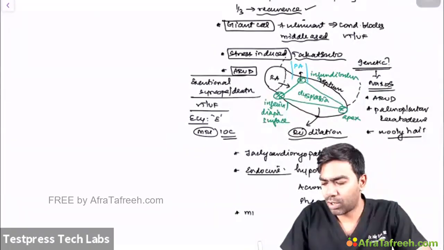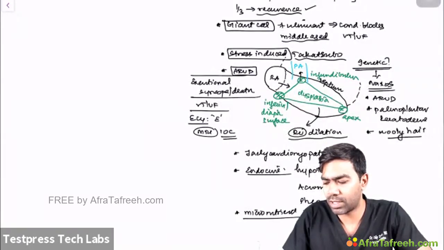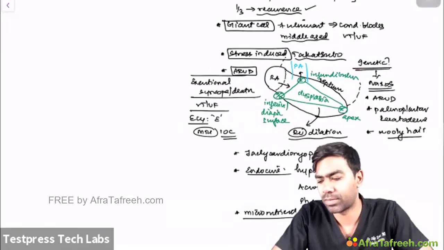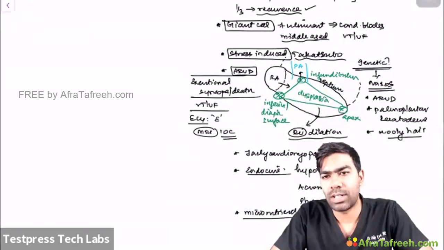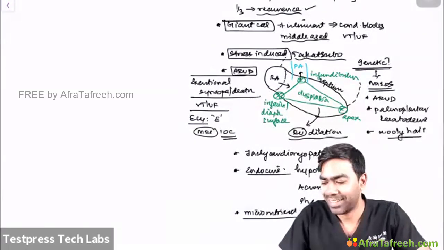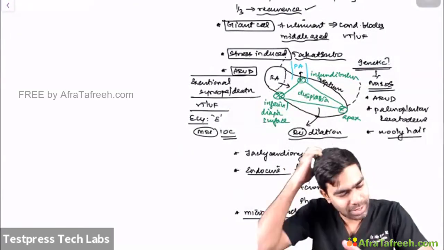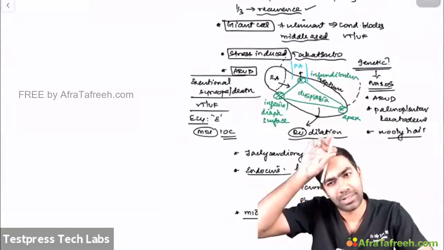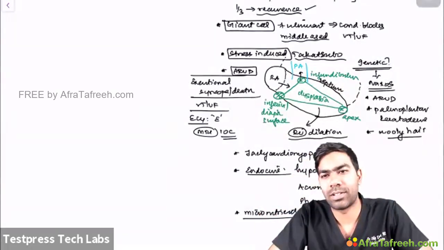And certain micronutrient deficiencies can also produce dilated cardiomyopathy. What is the micronutrient deficiency that produces dilated cardiomyopathy? Yes, very simple. That is selenium, given in all biochemistry textbooks. What is the disease called? Yeah, endemic cardiomyopathy, Keshan's disease.